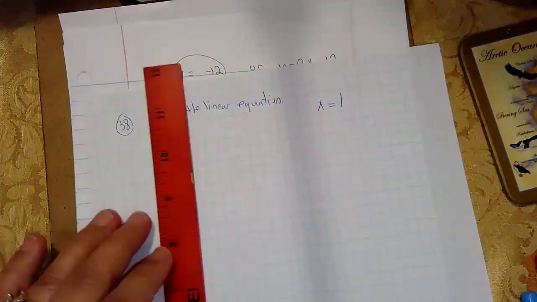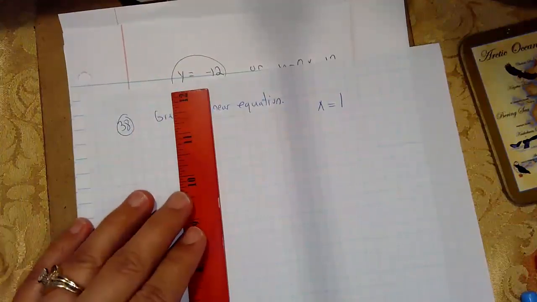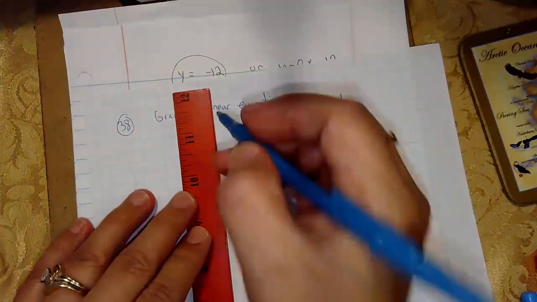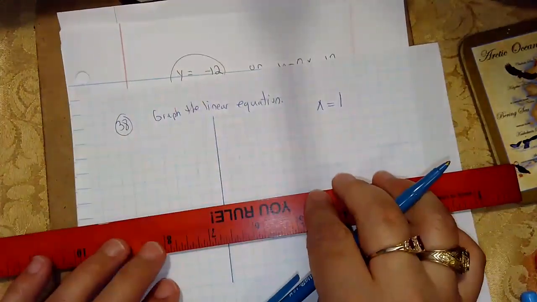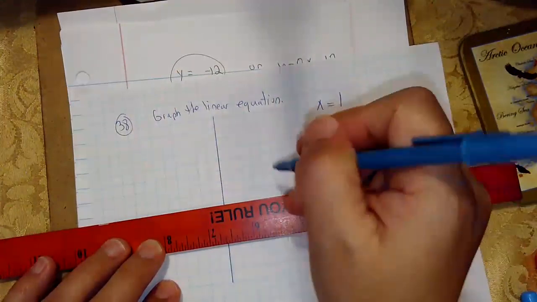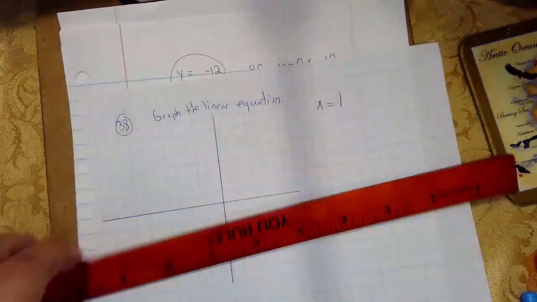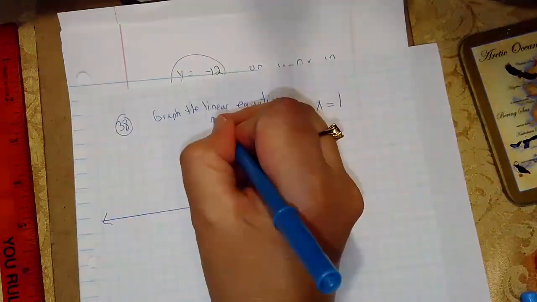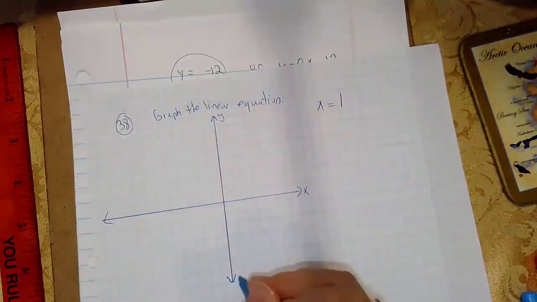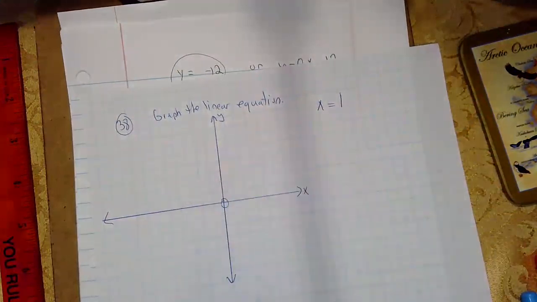I'm going to draw my x and y axis here. They want you to use the graphing tool to graph the linear equation here to the side.